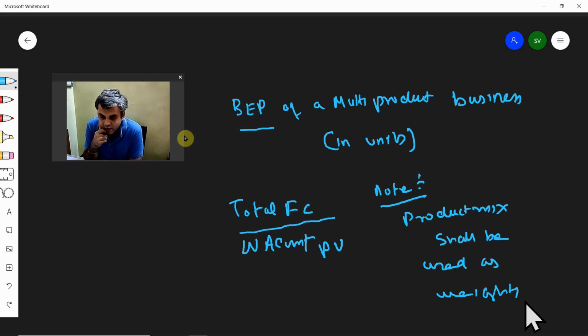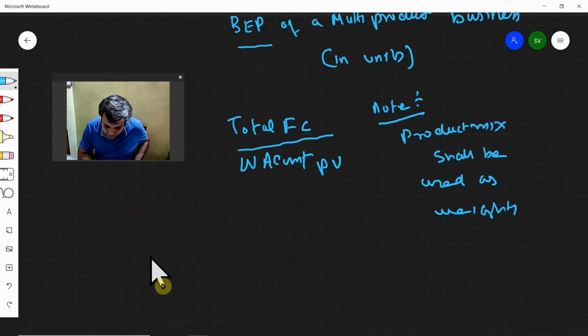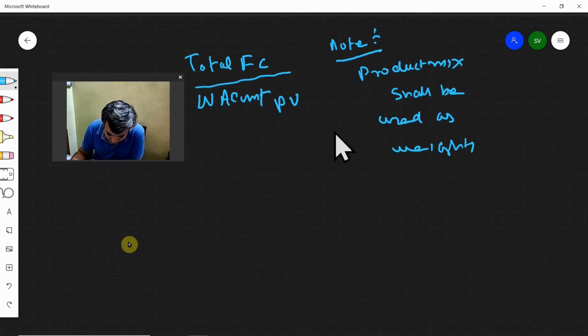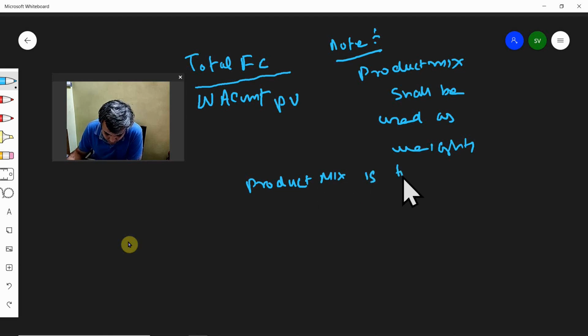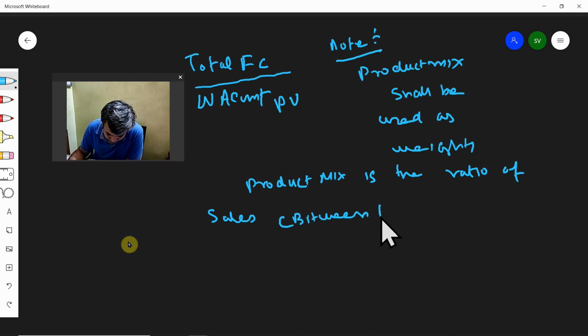That's fine, we will use product mix, but what is product mix? The question arises now. So below that, note down: product mix is the ratio of sales between the products in units.